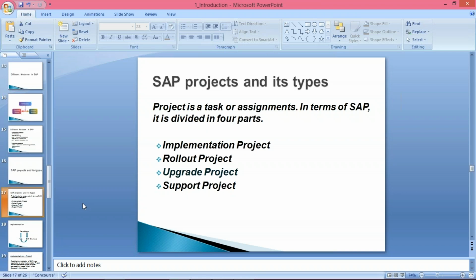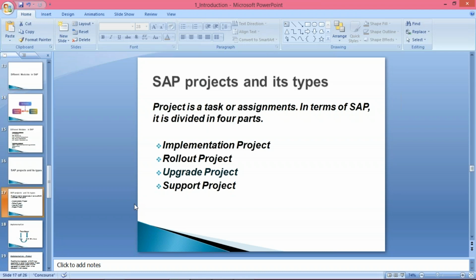Now, what is this project? A project is a task or assignment. Whenever you join, HR will come and greet you, hi XYZ, welcome on board, and today is our induction classes. After those induction sessions, they will let you know, hi, you are part of so and so project, the ABC project.